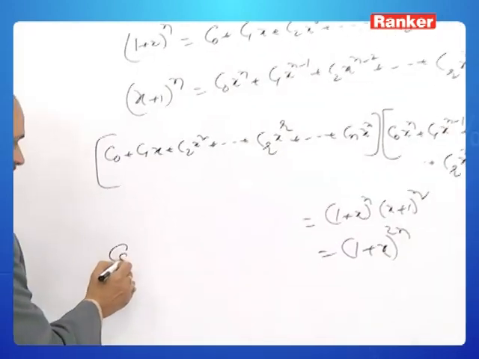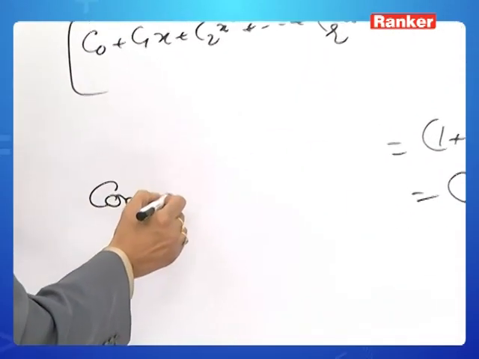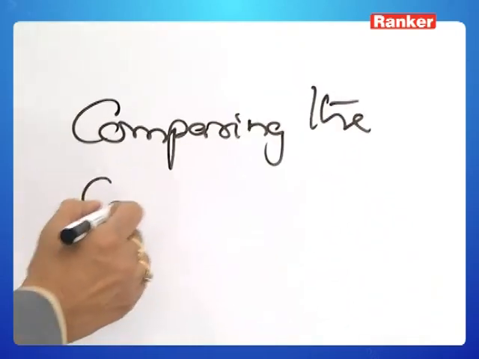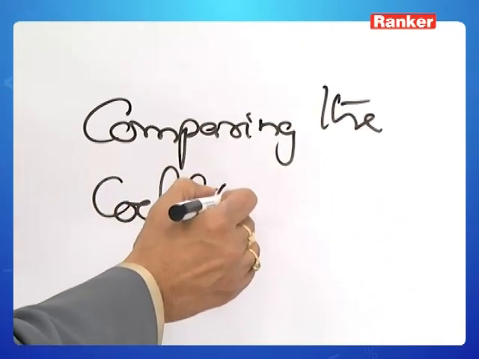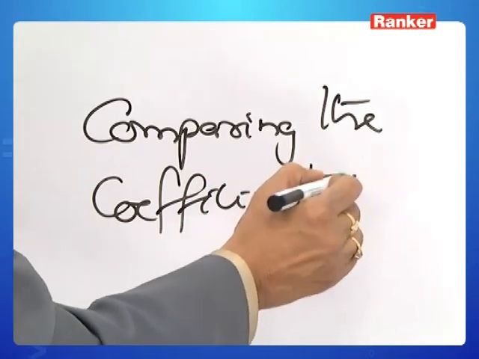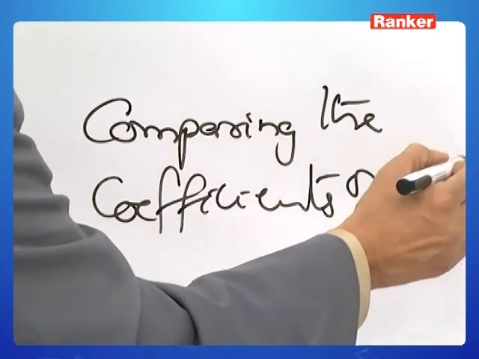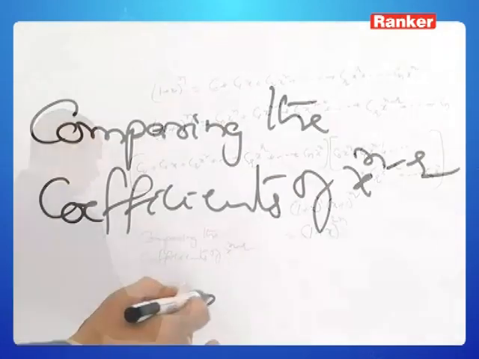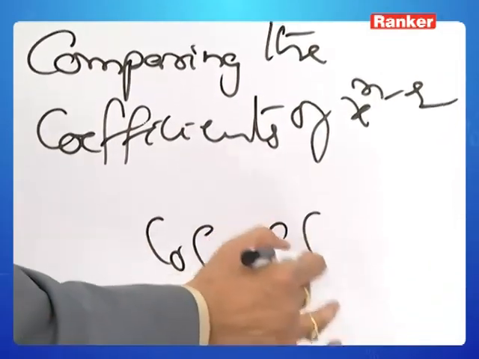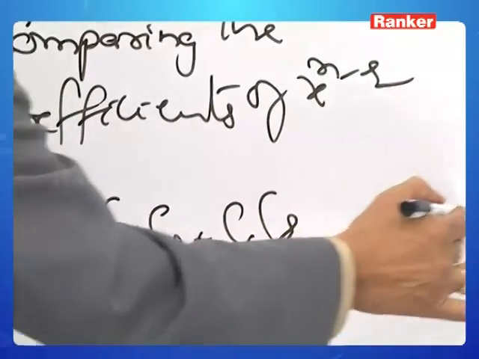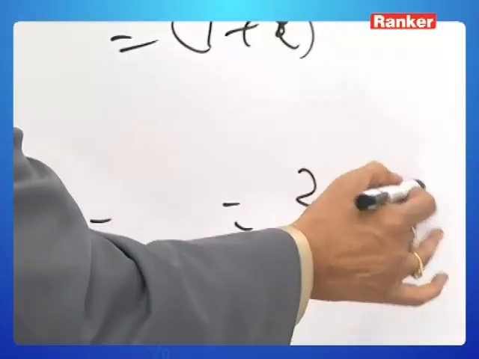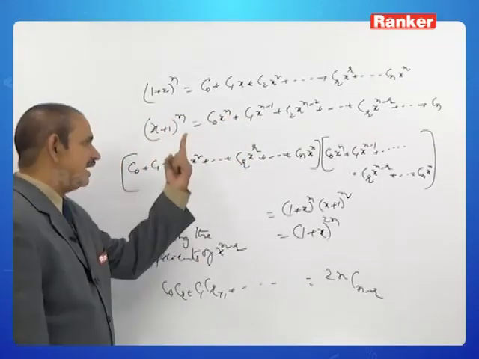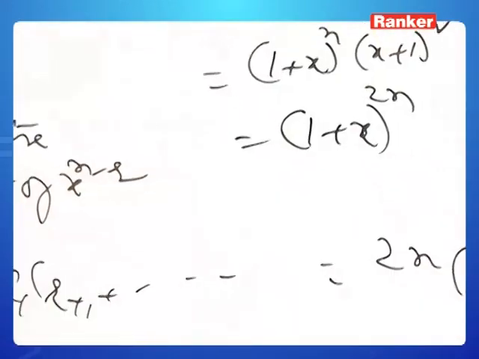Now you compare the coefficients of x power n minus r. What is the coefficient in the left hand side? C0Cr plus C1Cr plus 1 and so on. What is in the right hand side? 2nCn minus r. That's it. Single line proof. That's it.